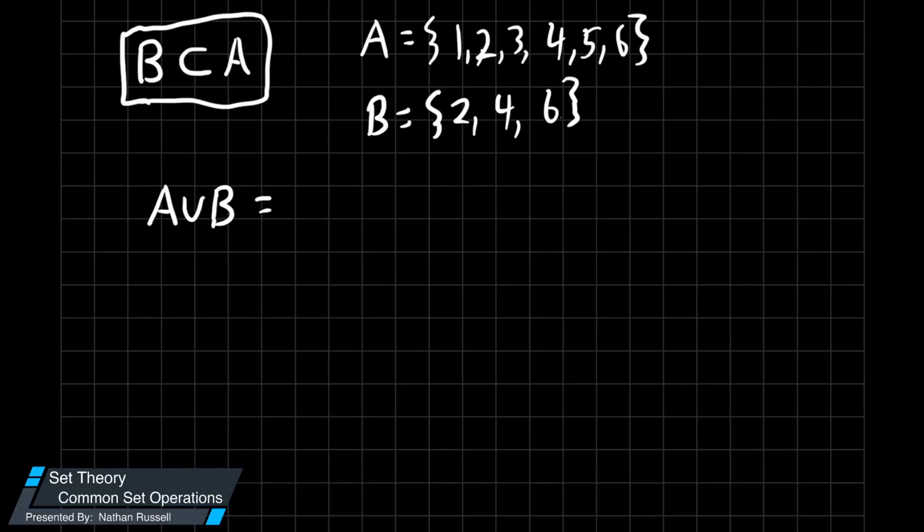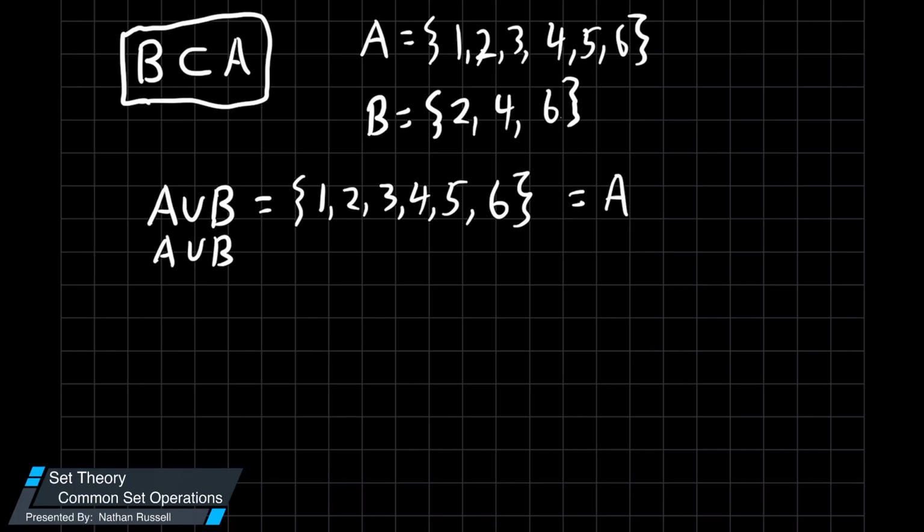But if you notice, I would go through and write all the elements of A. So 1, 2, 3, 4, 5, and 6. And then I would go through and add the elements of B, but ignore the duplicates. But everything in B is already in A. So effectively, this just becomes set A. Whenever we have this and it simplifies to something degenerate like this, we would just say we get A back.